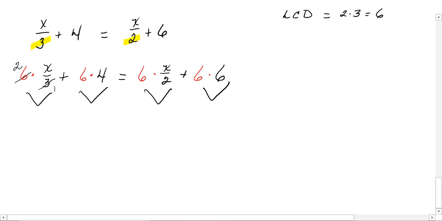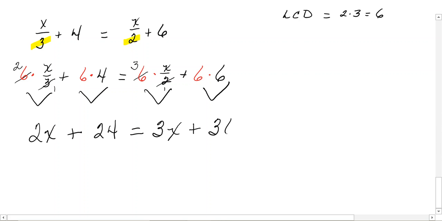I have 2 times x, or 2x, left over, plus. The second product, it's just 6 times 4 for 24, equals. On the right-hand side, here's the denominator. 2 goes into itself once. 2 goes into 6 3 times. I have 3 times x, or 3x. Last one, 6 times 6 is 36.